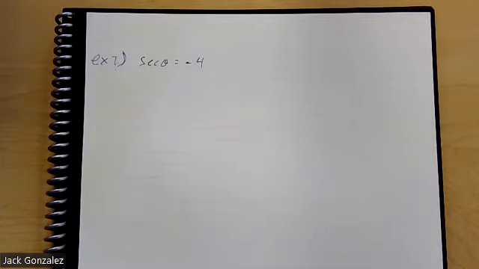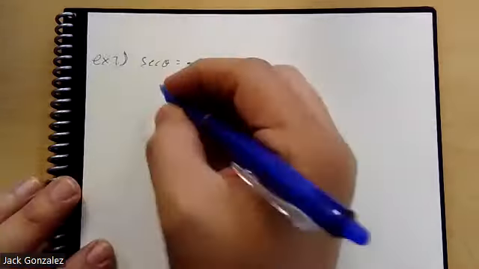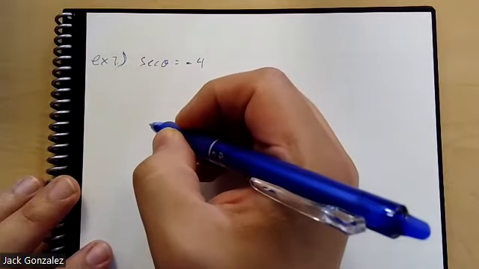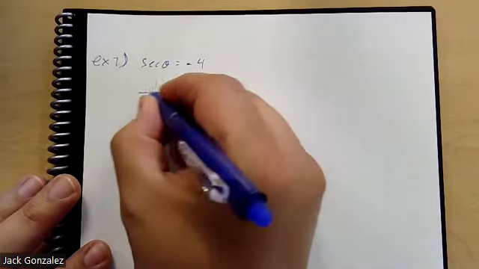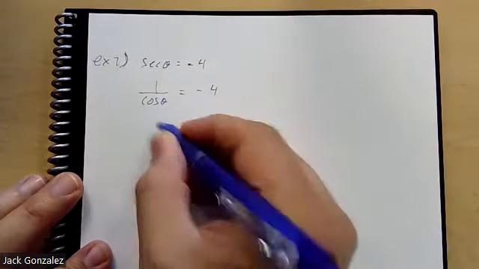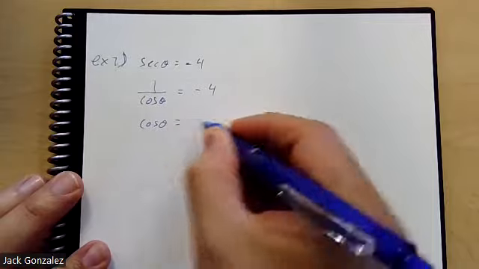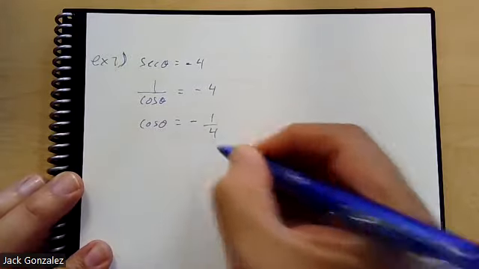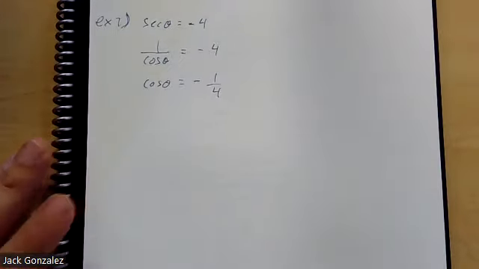So they did not give us a restriction, so we'll have to tack on the 2K pi or 360K. What is secant as a reciprocal? Yeah, so it's 1 over cosine. So we'll do the same thing we did earlier. Take the reciprocal of both sides and then use your inverse cosine.